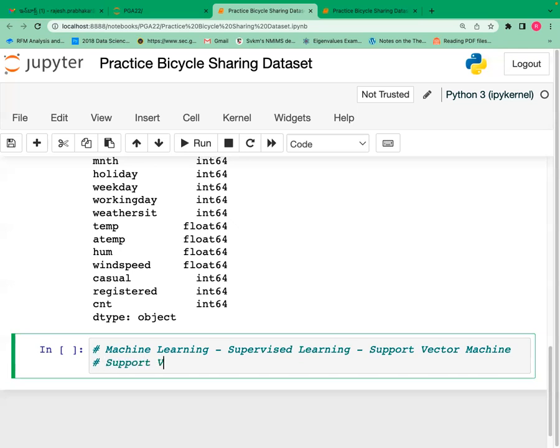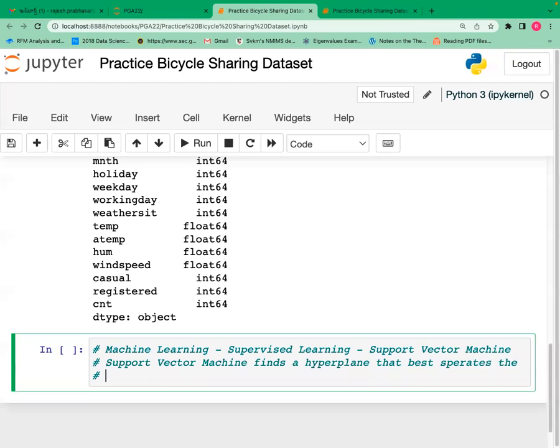So support vector machine finds a hyperplane that best separates the two classes.